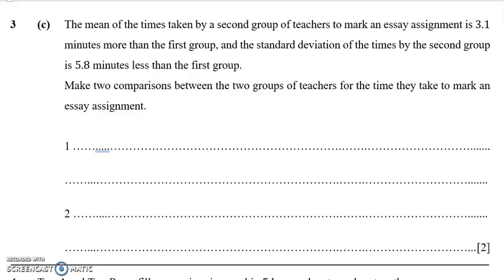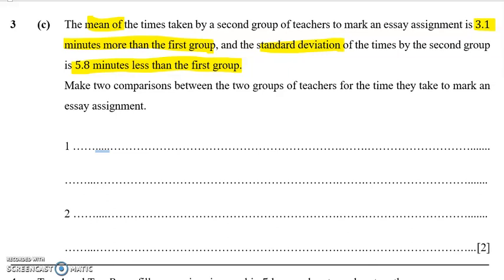For part C, we are given the information of a second group of teachers. The mean is 3.1 minutes more than the first group, and the standard deviation is 5.8 minutes less than the first group. We are asked to make two comparisons between the two groups of teachers for the time they take to mark an essay.